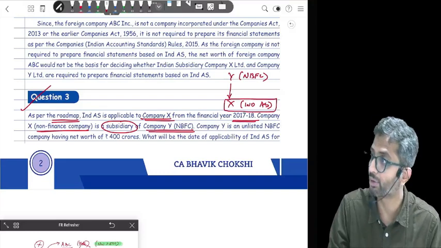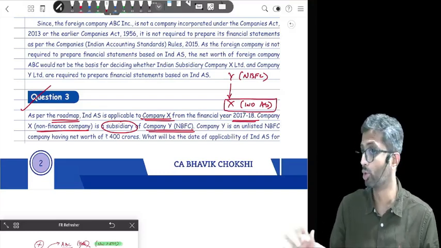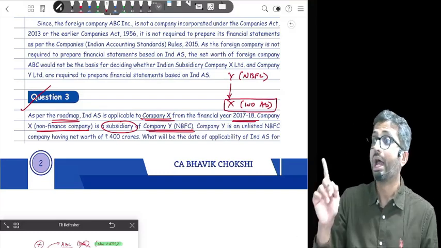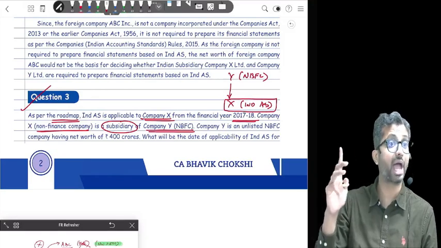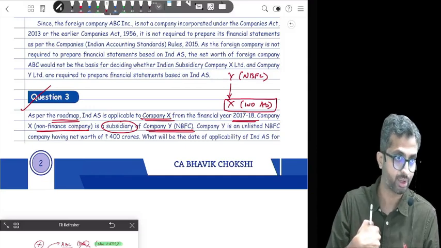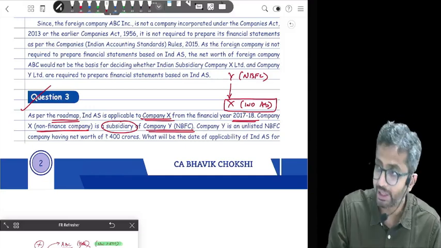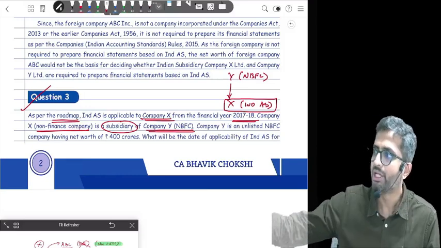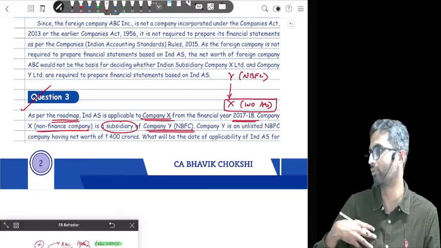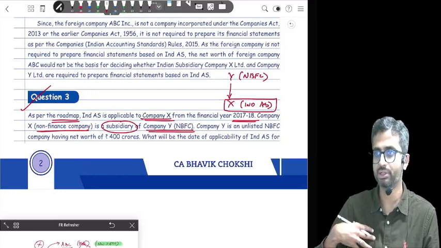Does that mean I have to follow Ind AS? No, the answer is no. For an NBFC, for a bank and for an insurance company, application is own application. So merely because my subsidiary, which is not an NBFC, is following Ind AS, does not mean I have to follow Ind AS. Are we clear with this?